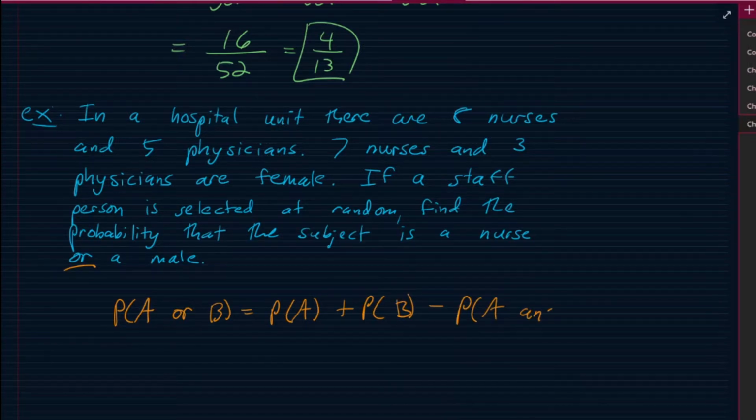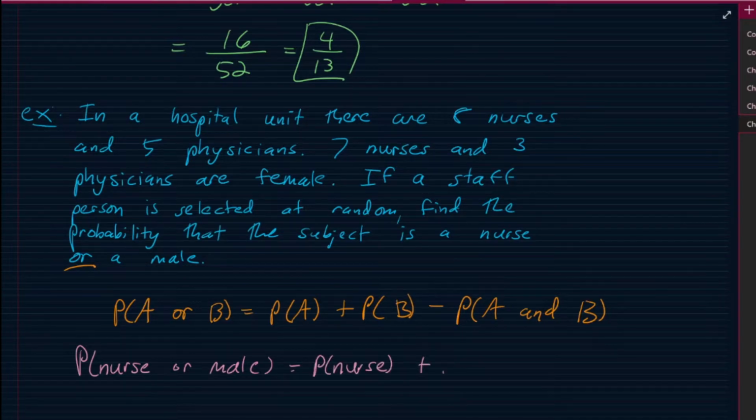And the A and B in this case are going to be nurse and male. So we're looking for the probability that a random person selected is a nurse or a male. So that's probability of nurse plus probability of male minus the probability of nurse and male, a male nurse.